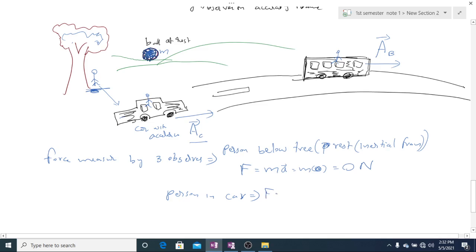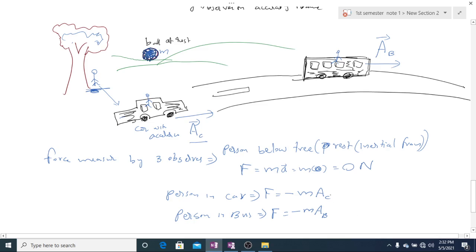He will measure a force equal to minus m AC. Okay, what about the person in the bus? He will measure the force on the ball as equal to minus m AB. This is what we have told in the last video.